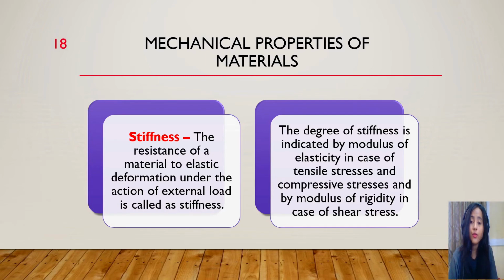So if the material is undergoing tension and compression, its stiffness is represented by modulus of elasticity. And if the material is undergoing shear stresses, its stiffness can be signified with the help of modulus of rigidity.